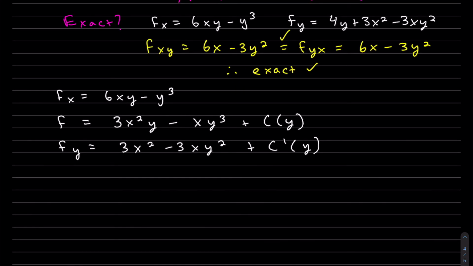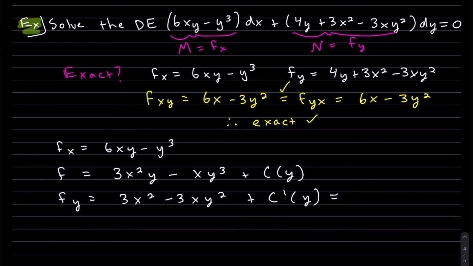So what is that f of y equal to? This is our f of y, remember? So that's equal to 4y plus 3x squared minus 3xy squared. It looks like this term's the same, this term's the same. So therefore c prime of y is equal to 4y.